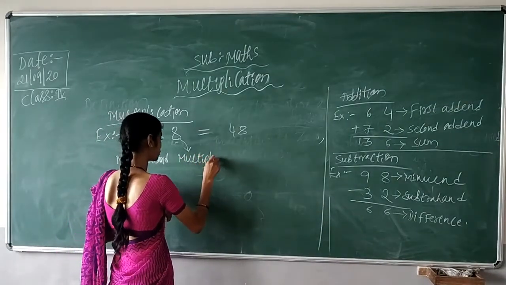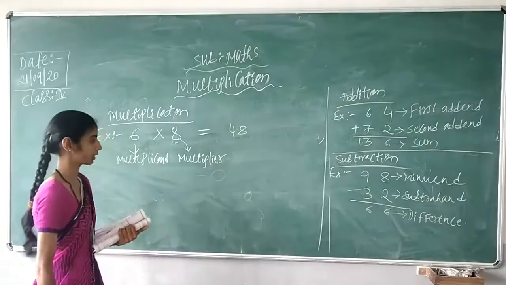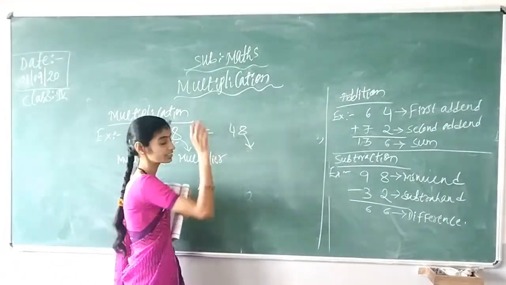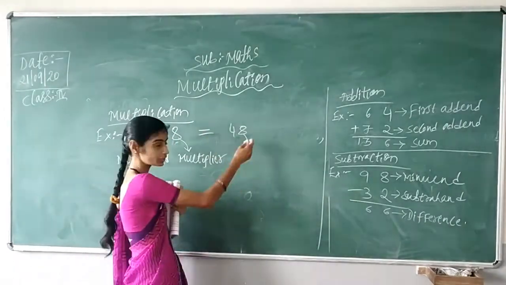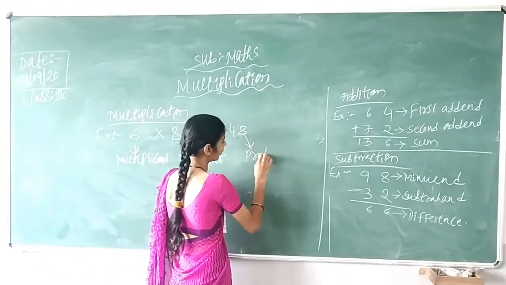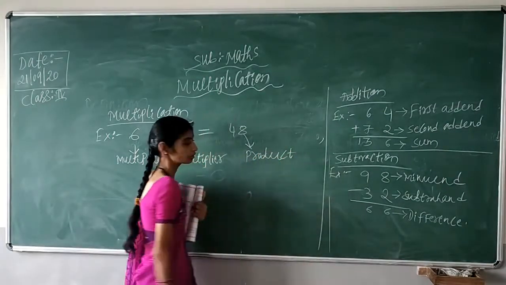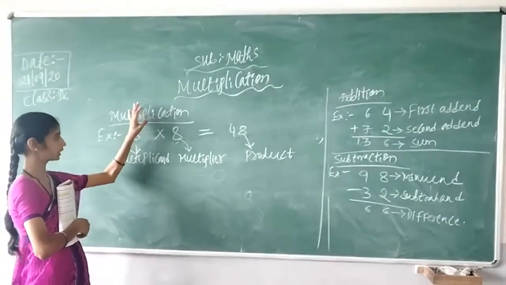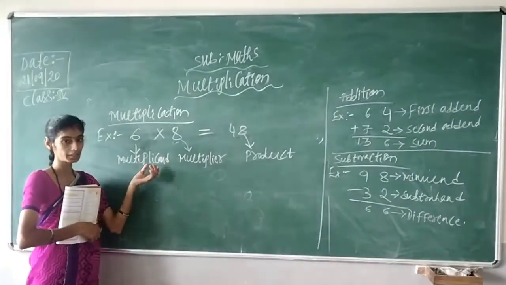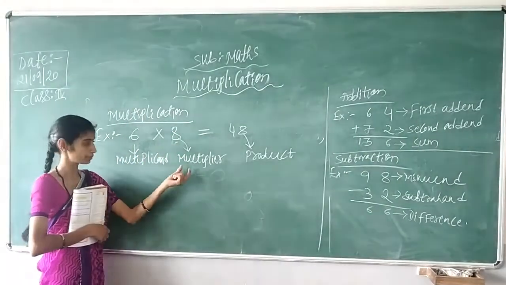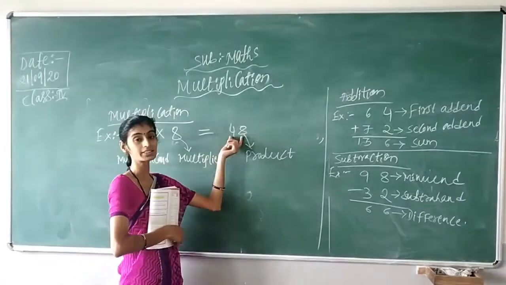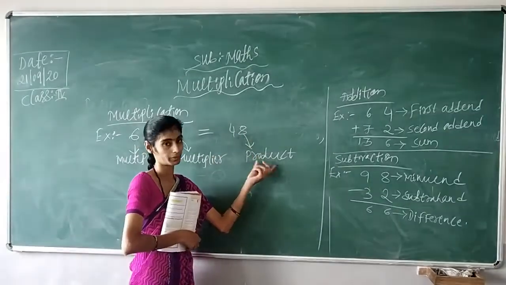So we call it as what, children? Multiplier. And this answer we call it as product. So what is the first term called in multiplication? Multiplicand. And second term we call it as multiplier. And the answer we call it as a product.